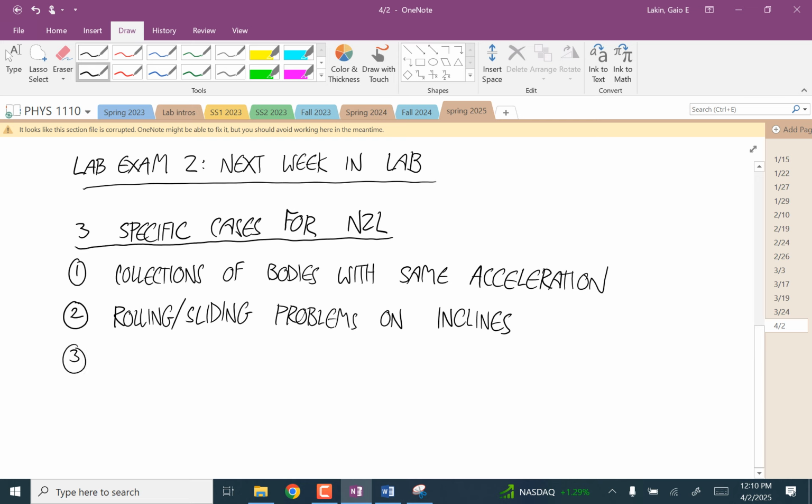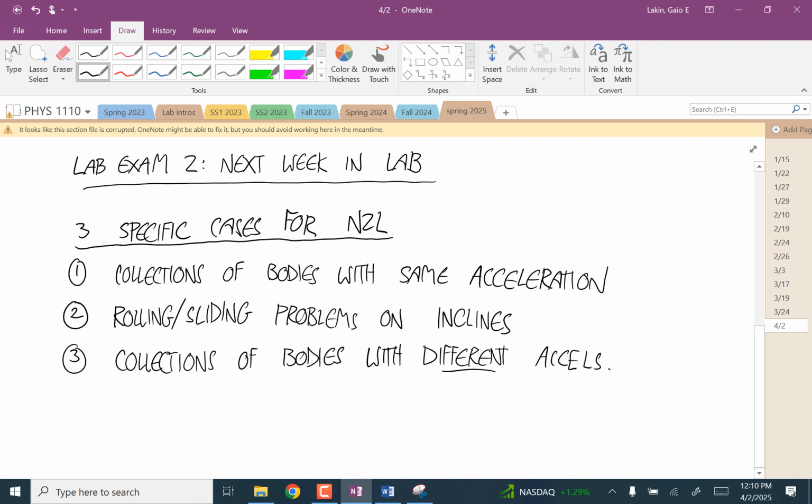And then the last one is collections of bodies with different accelerations. We've done the first one so far, so now we're going to talk about rolling and sliding problems on inclines.